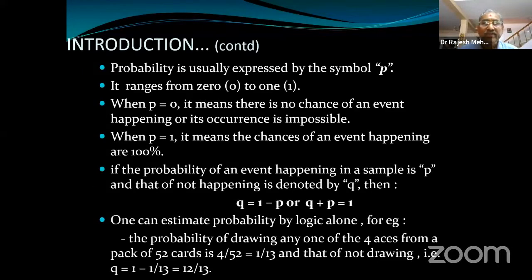Now, usually we denote the probability as P, and the lowest probability will be 0 and highest will be 1. It is almost equal to 0 to 100%. P equal to 0 means that there is no chance of an event happening or its occurrence is impossible.